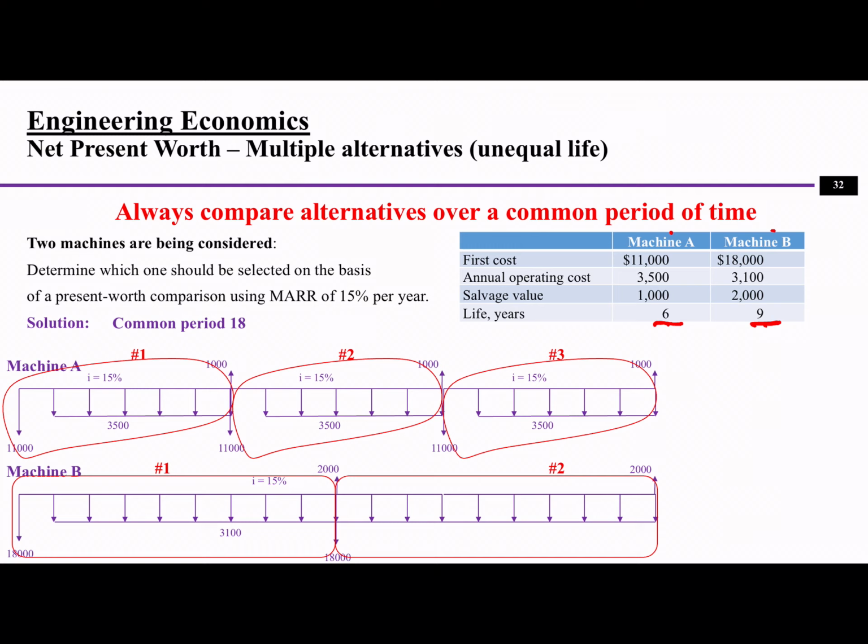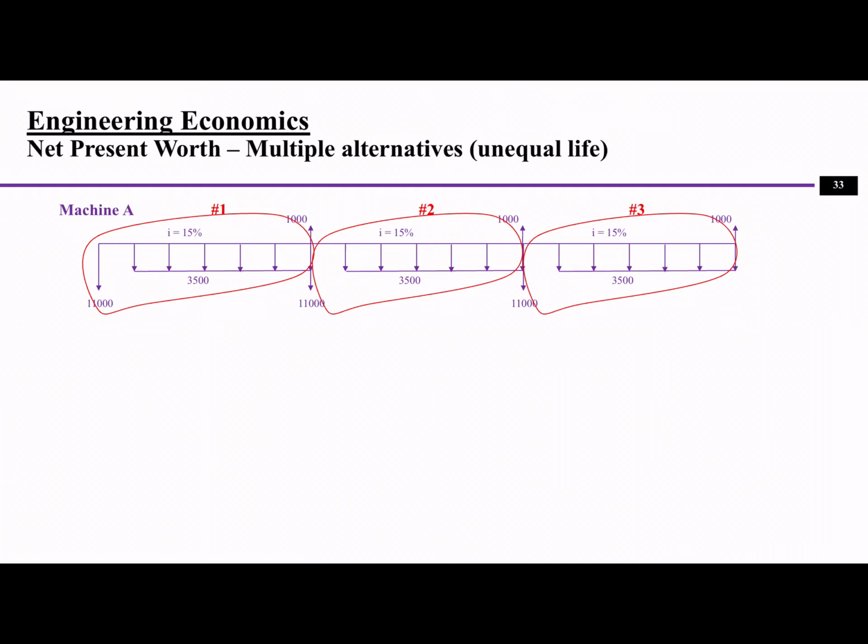It's 3, right? 1, 2, 3. 3 times 6 equals 18, and 2 times 9 equals 18. All right, now we can see they have the same beginning and end, so we can make the comparison, right?